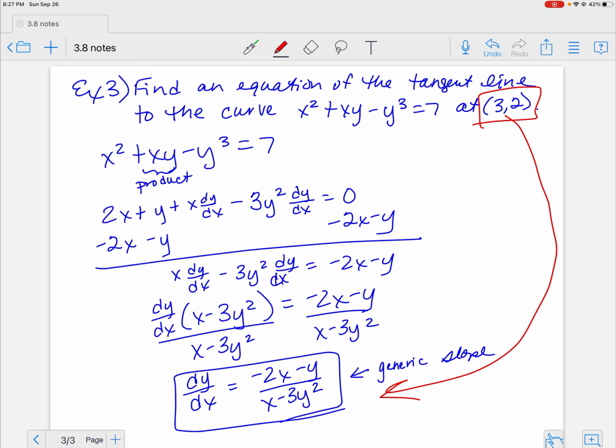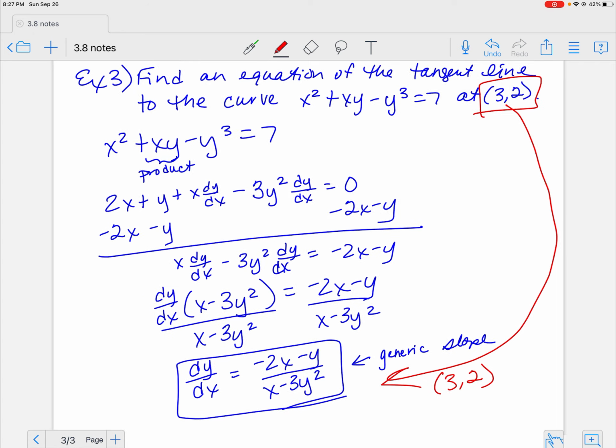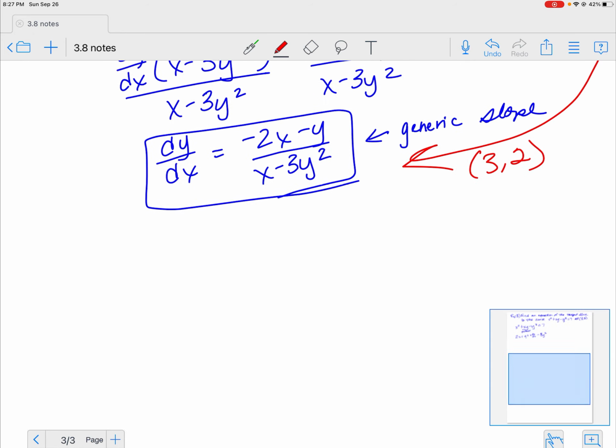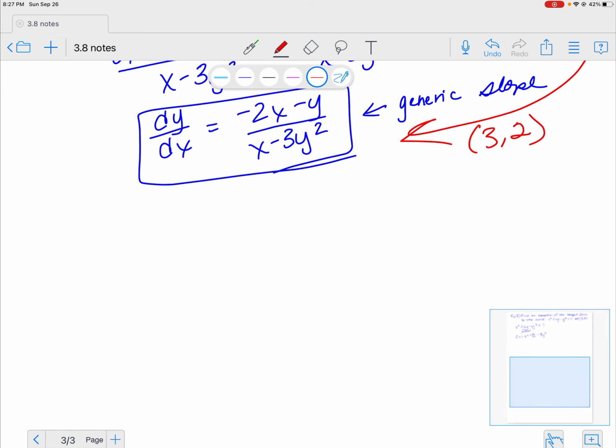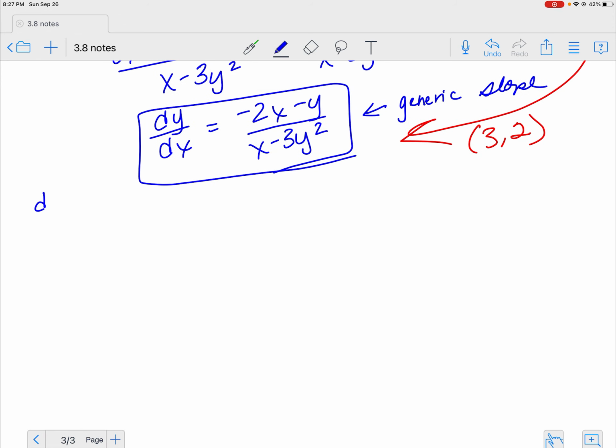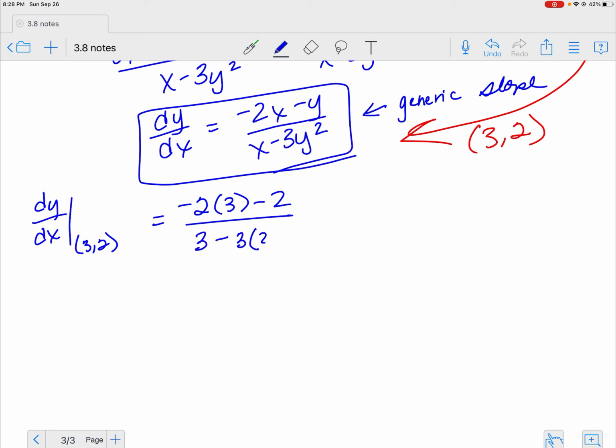We plug it in, don't we? We have x's and y's, no sweat. So I'm going to evaluate my derivative at (3, 2) to get that slope. I've got negative 2 times 3 minus 2 over 3 minus 3 times 2 squared.